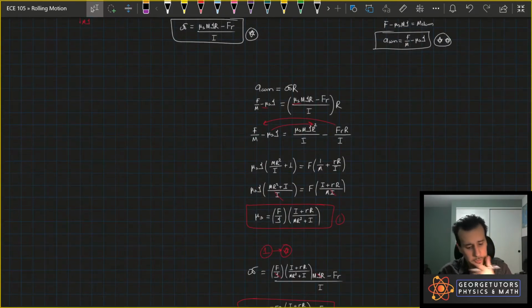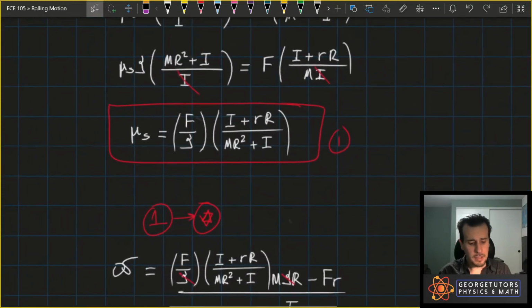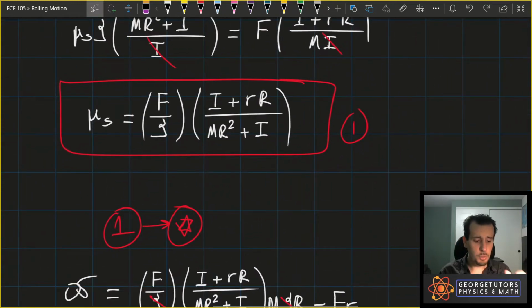So another thing I wanted to mention here, the reason I know that mu_s here is probably correct, I'm not going to say 100%, because there's always the possibility of an algebra error. I'm really confident though, because the units are correct. You're getting a unitless quantity, and again, I'll leave that as an exercise for you to confirm.